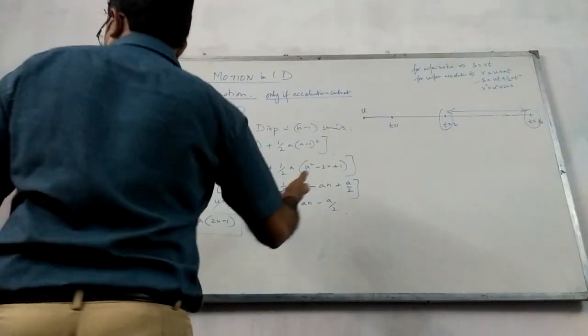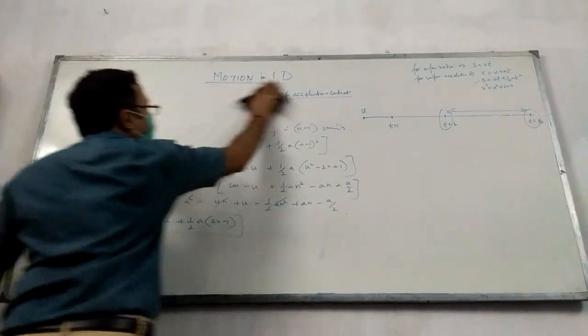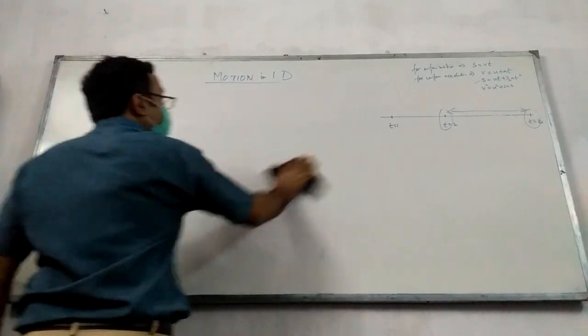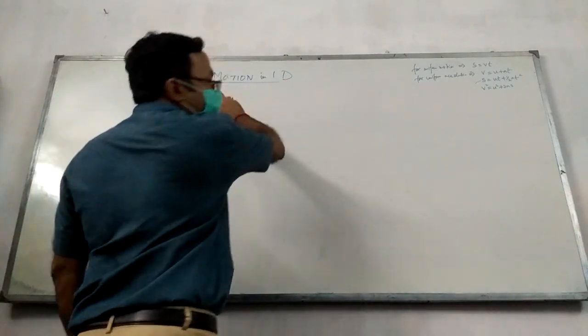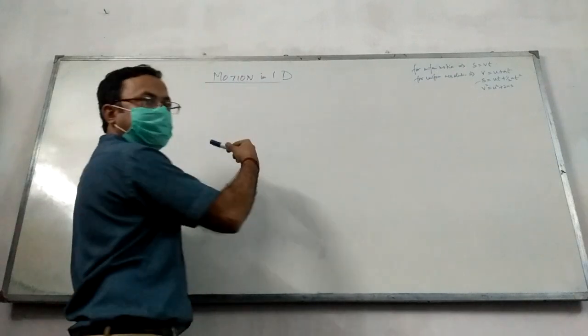Alright, now let's solve a few sums, and when we're solving the sums, you need to keep in mind that when you are solving motion in one dimension sums, it is pretty obvious that your body will travel in a single direction, but it may just reverse the direction.